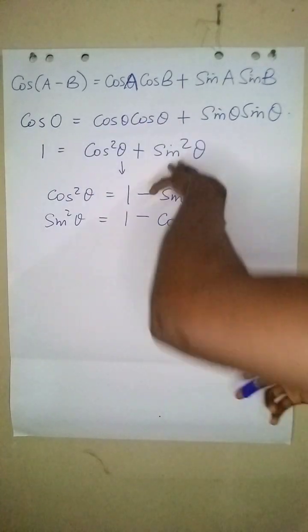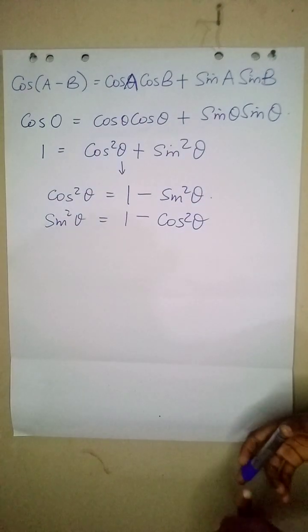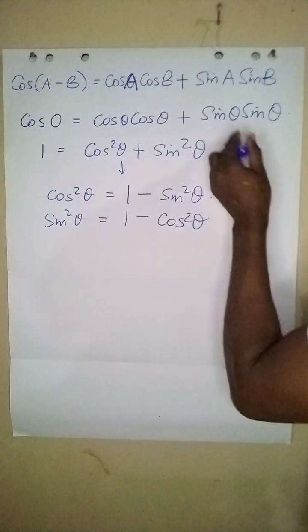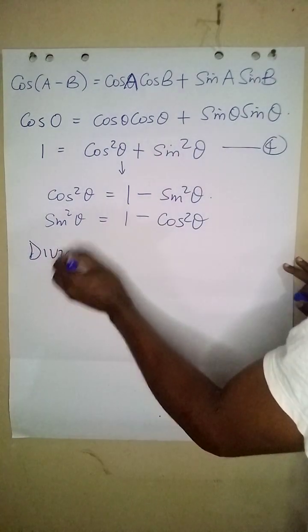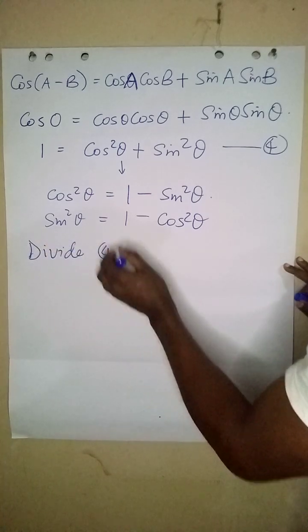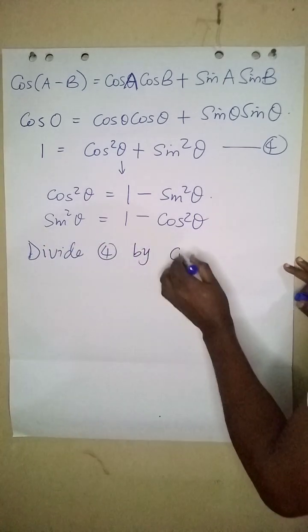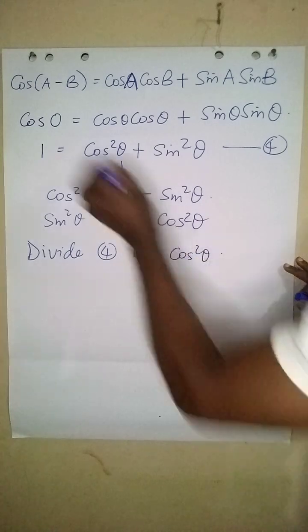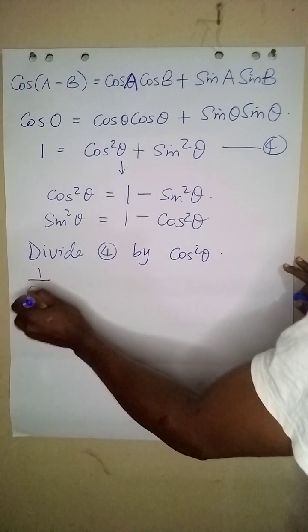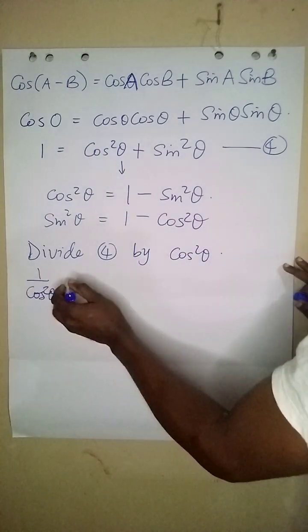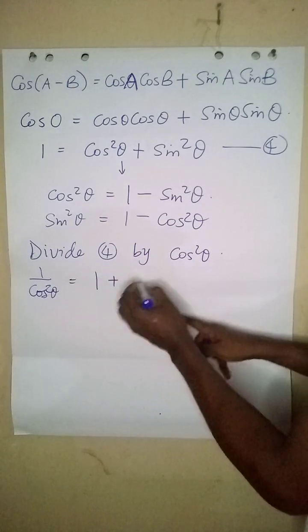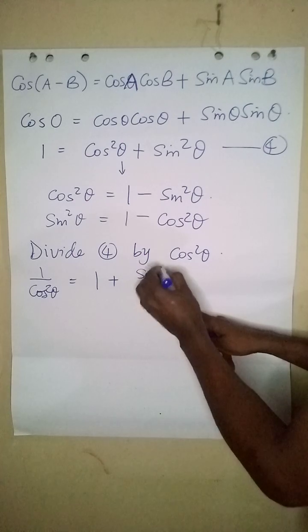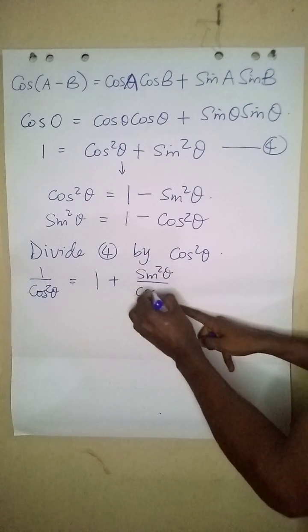And from this you can also divide through by cos theta. You can divide the whole of this, we call this equation 4. So I'll say divide 4 by cos square theta. I'm going to have 1 over cos square theta equals 1 plus sine square theta over cos square theta.